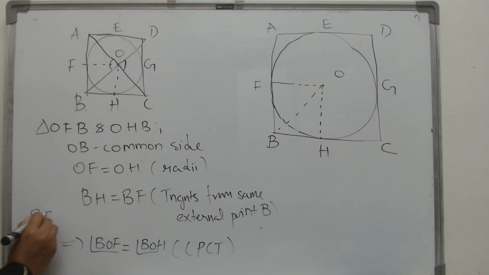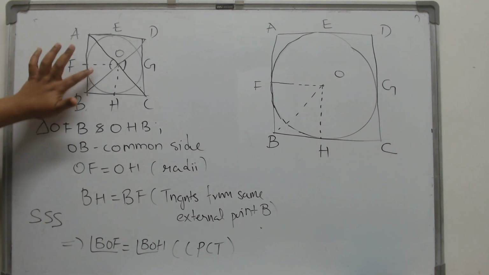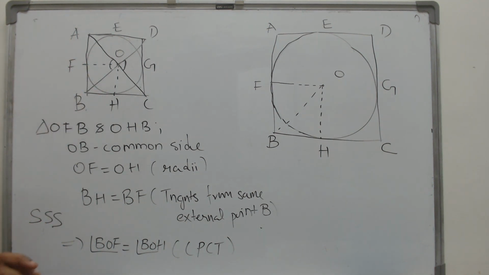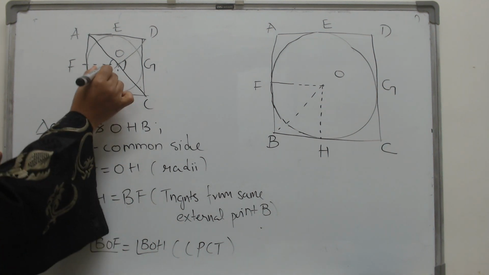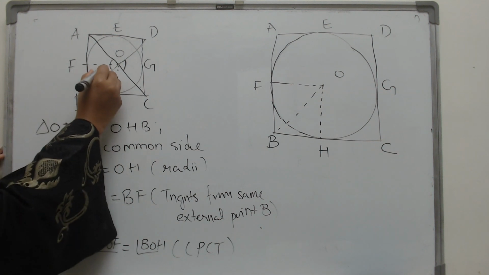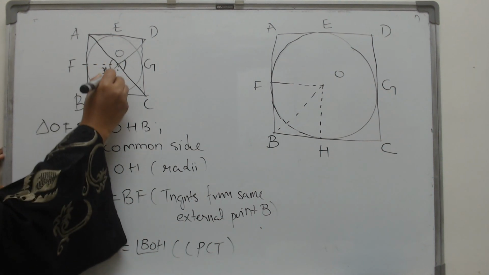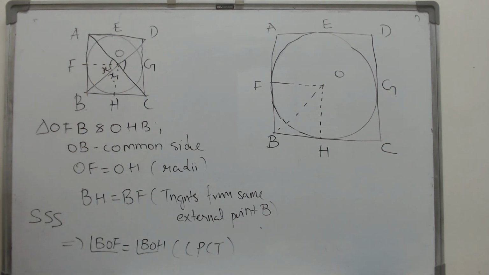By the SSS criterion, these two triangles that you see here are congruent, which means these two angles are equal. That means if this is X, this will also be X.